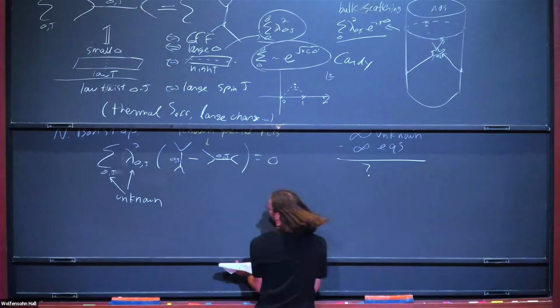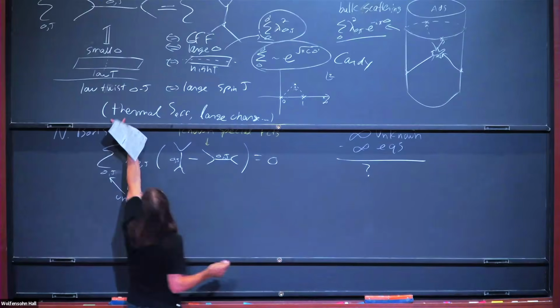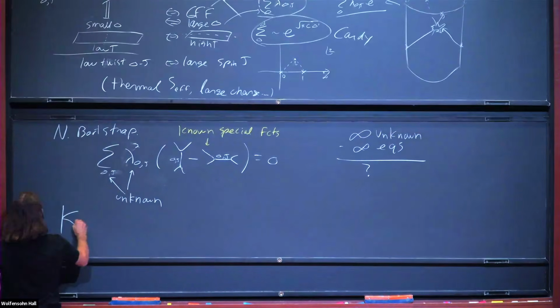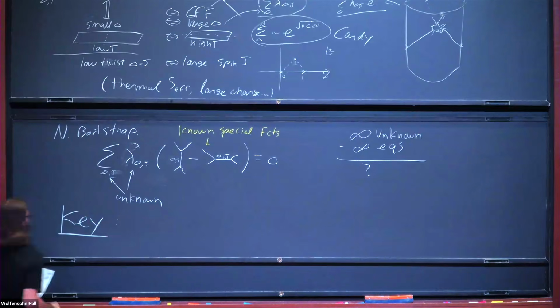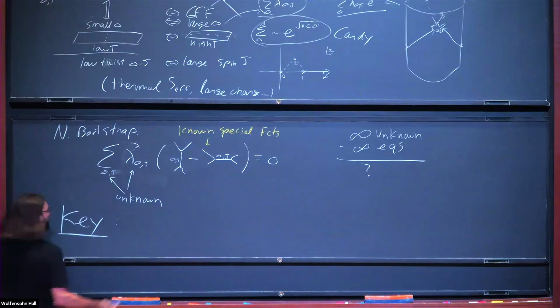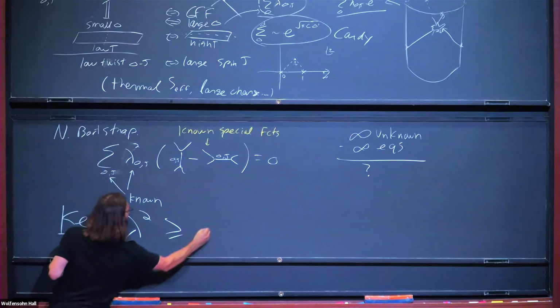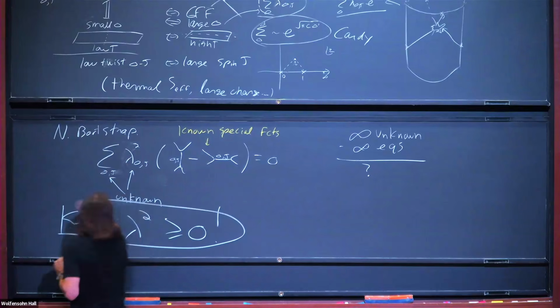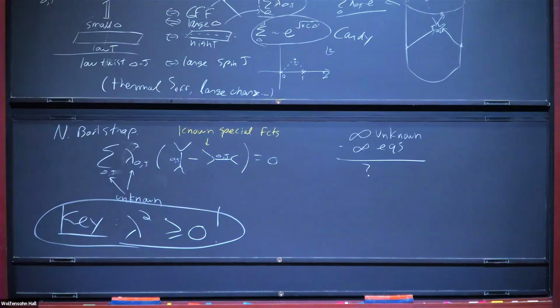And the key observation is that this is not just a linear algebra problem. Why? It's because these unknowns are positive. That is the key to making progress.